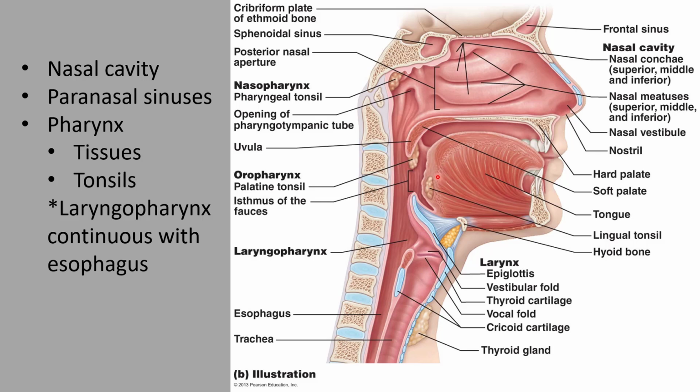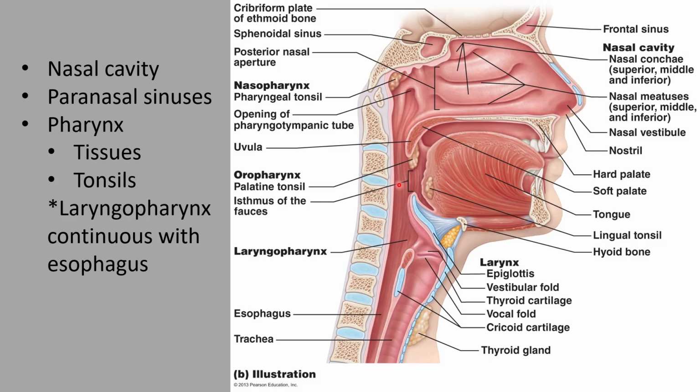We're constantly swallowing food, and when we swallow that food, regardless of how well we chew it up, it's brushing and rubbing against the back of the throat, the back of the mouth. So that stratified squamous epithelium helps with that.